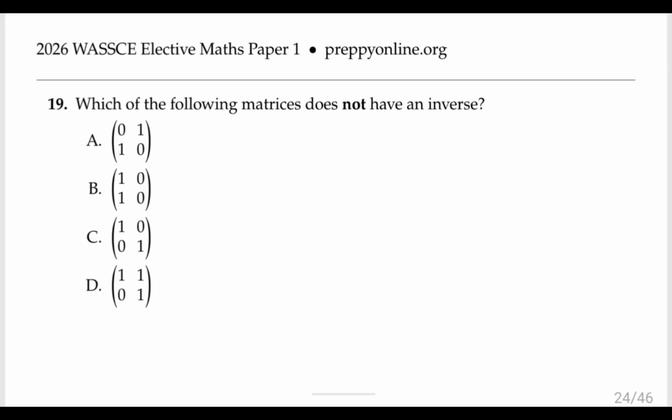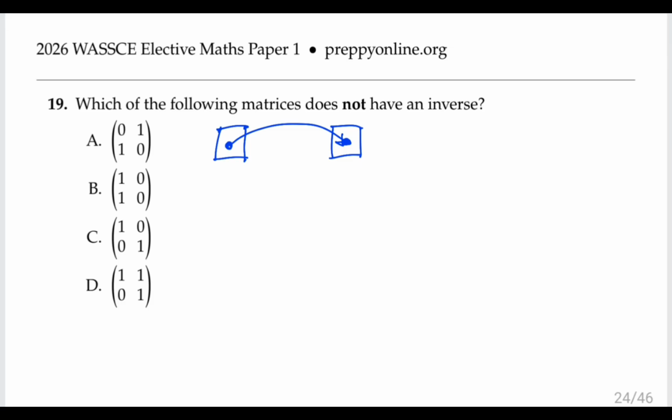Question 19. Which of the following matrices does not have an inverse? So a number of ways to think about this. For a matrix to have an inverse, it means that if you think of a matrix as performing a linear transformation, then it's taking values from one set into another set.